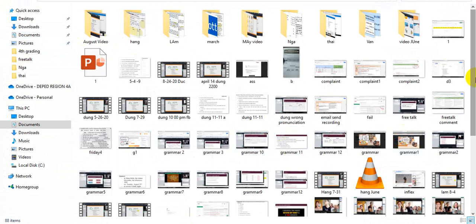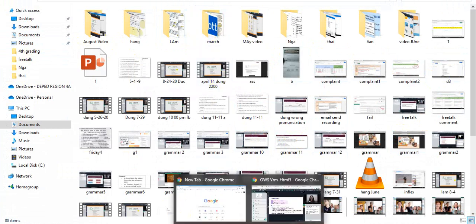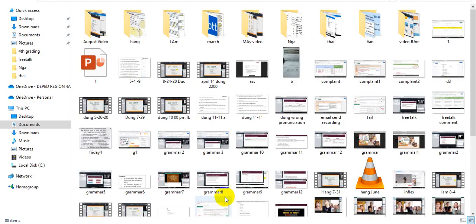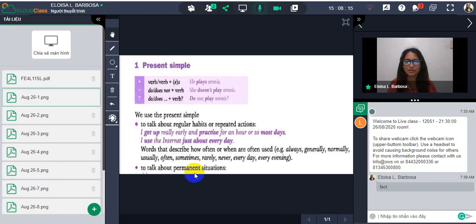Okay, so in other words, it talks about facts. Yes, fact. Truth. Okay, so in this example, we use present tense to talk about regular habits. Can you read? Kindly read the example.